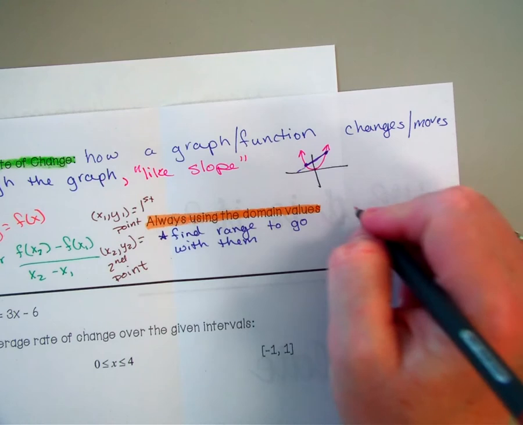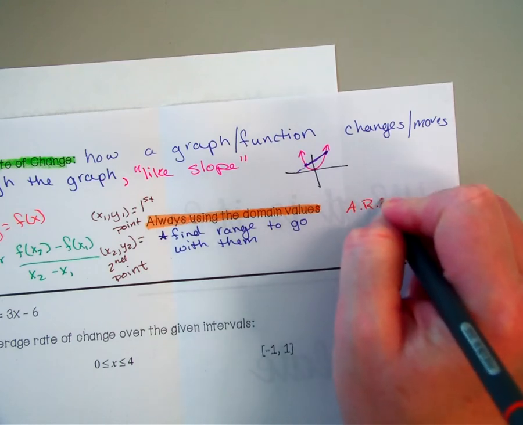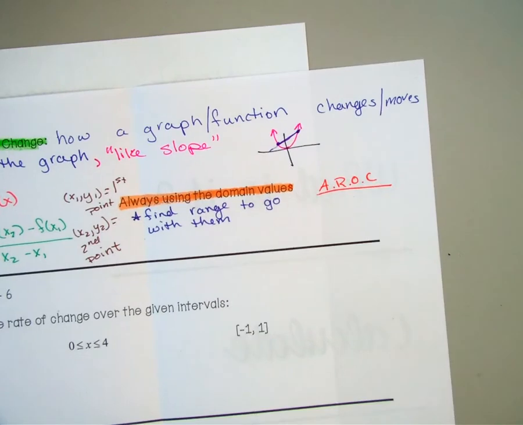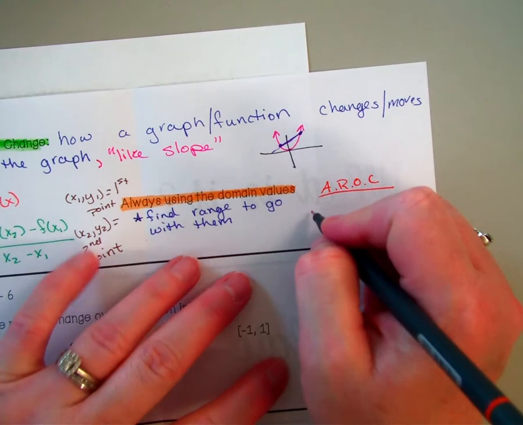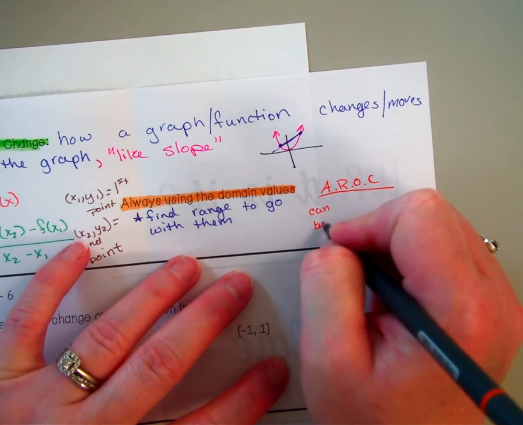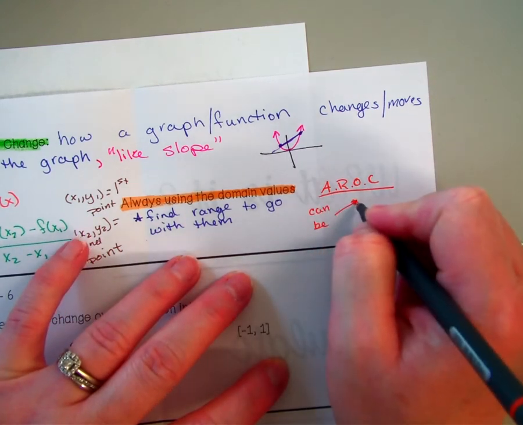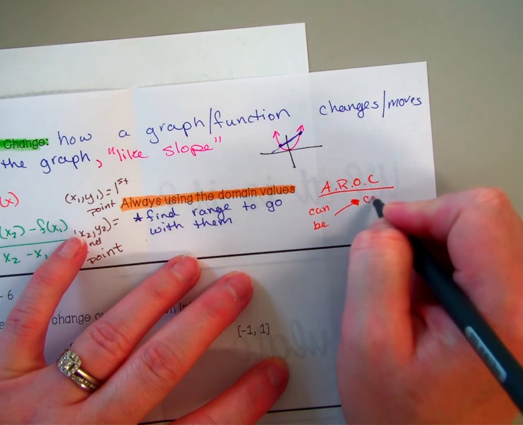So then something else to consider with our average rate of change, which I do tend to shorthand to AROC, average rate of change. Average rate of change can be so many different styles. So it can be constant.